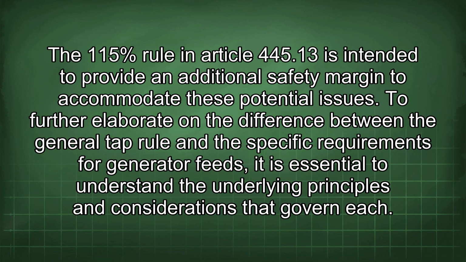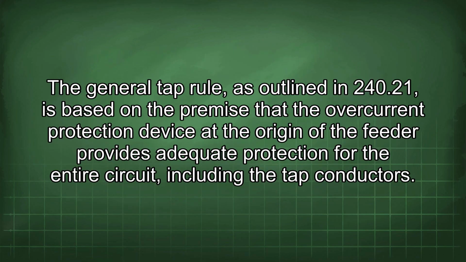The 115% rule in Article 445.13 is intended to provide an additional safety margin to accommodate these potential issues. To further elaborate on the difference between the general tap rule and the specific requirements for generator feeds, it is essential to understand the underlying principles and considerations that govern each. The general tap rule, as outlined in 240.21, is based on the premise that the overcurrent protection device at the origin of the feeder provides adequate protection for the entire circuit, including the tap conductors.